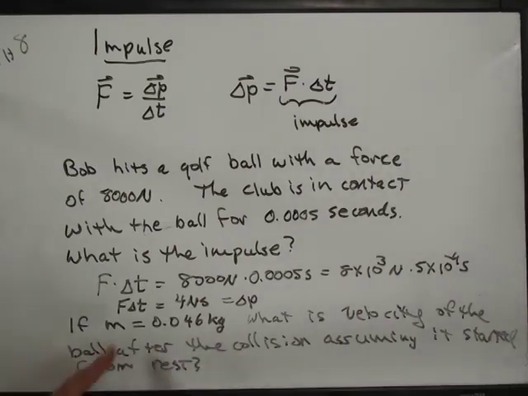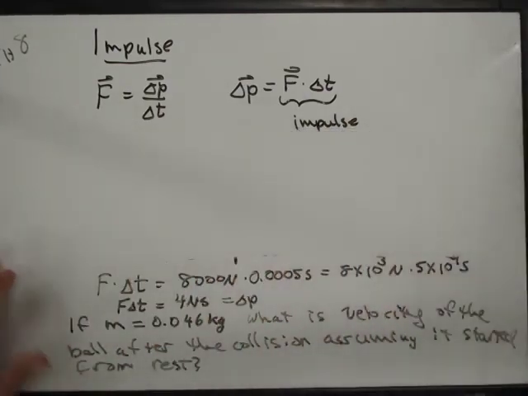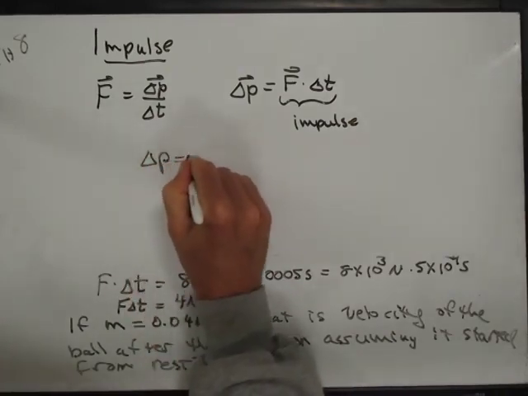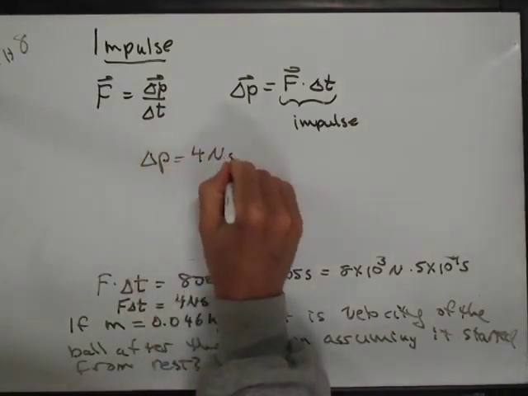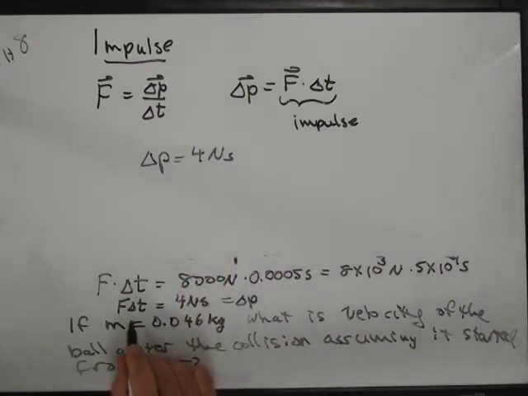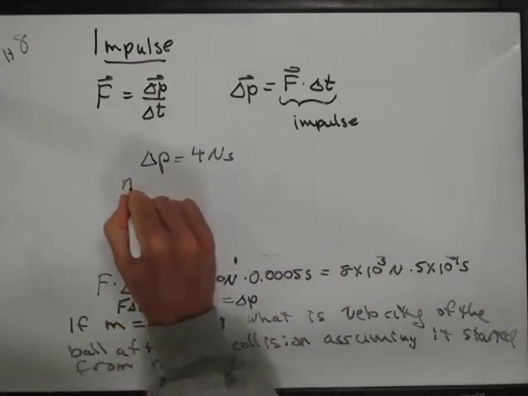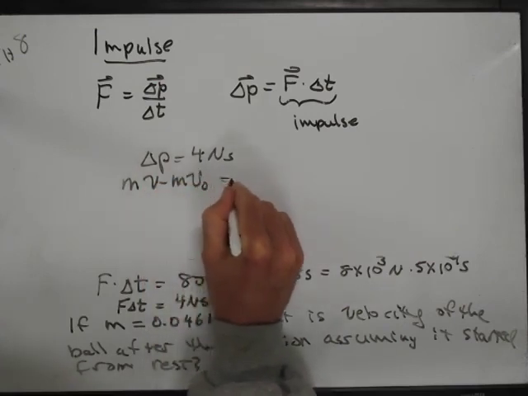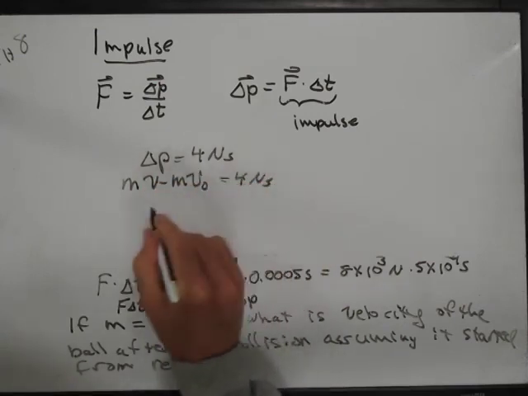Right, so I know that the impulse is 4 newton seconds, and I know the mass of the golf ball, so I can say, look, delta P is equal to 4 newton seconds, right? That's what we figured out down here. The impulse is 4 newton seconds. But that's just mass times V final minus mass times V initial is 4 newton seconds.